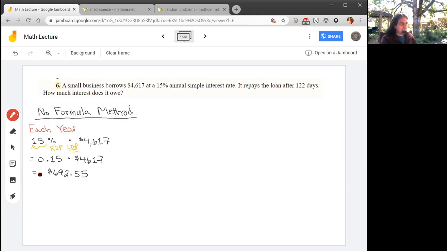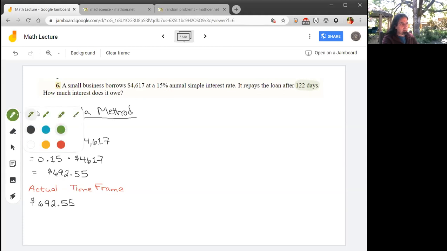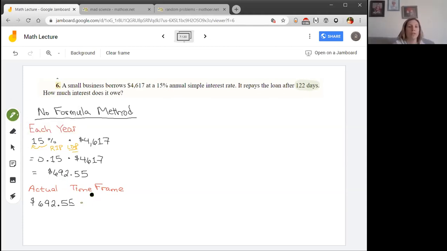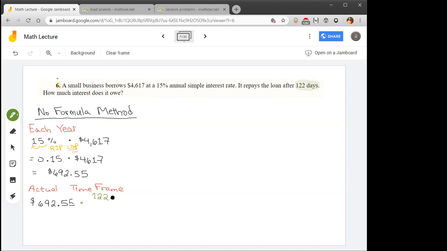Then our time frame. So 122 days. What am I going to multiply by? $122 divided by 365.